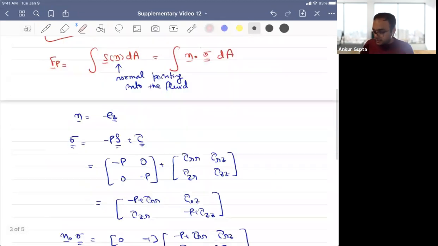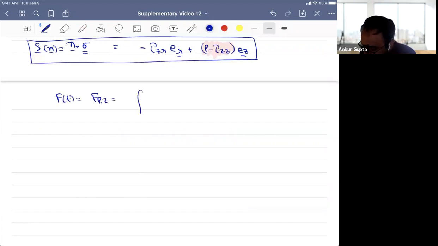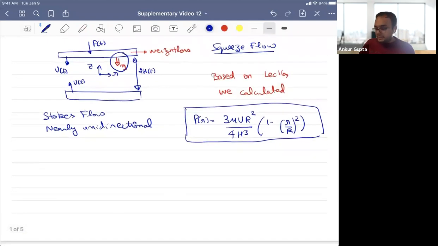So finally, F of t is Fp of z, which is equal to the integral of p minus tau zz dA. Now, to calculate this, we have to find tau zz. We already have the pressure profile, but we have still not found the tau zz component.